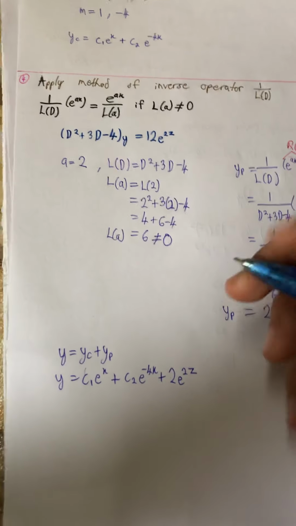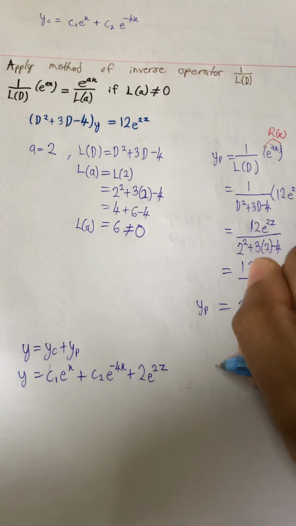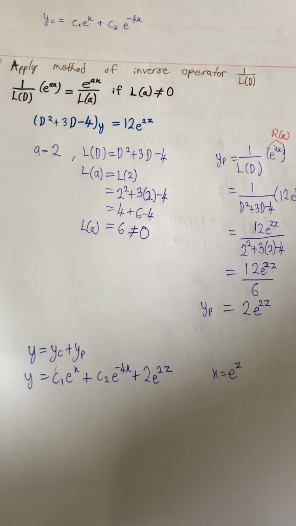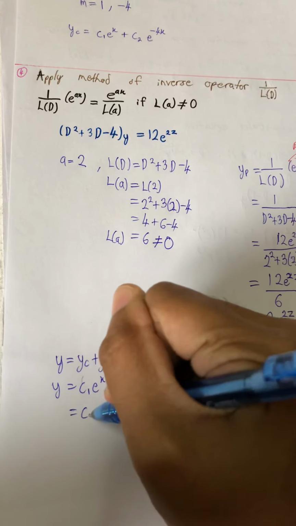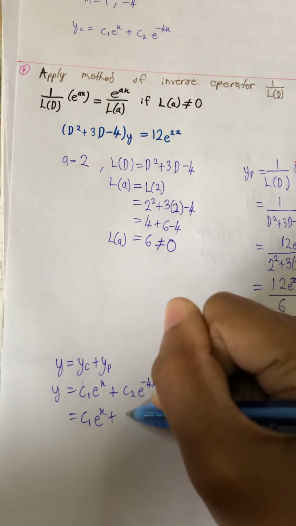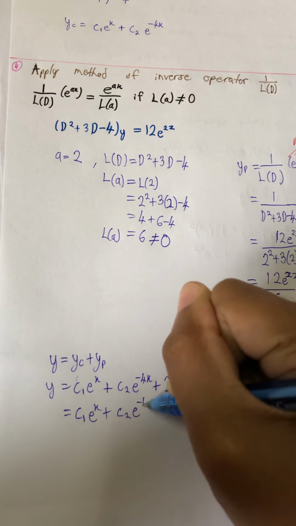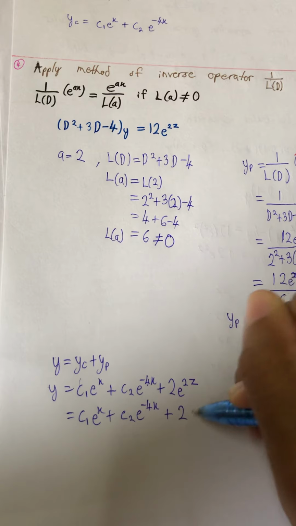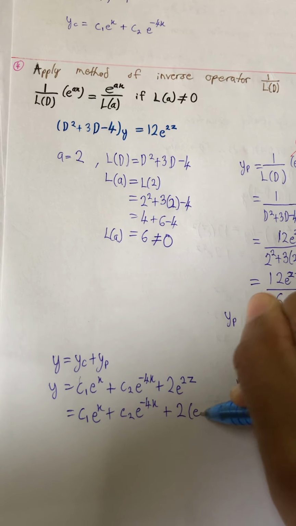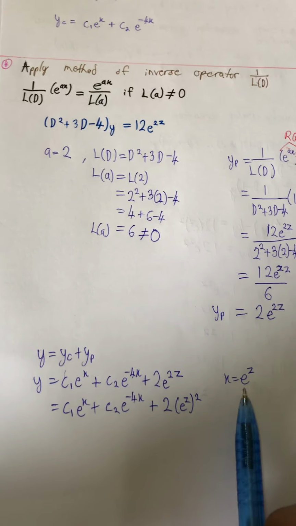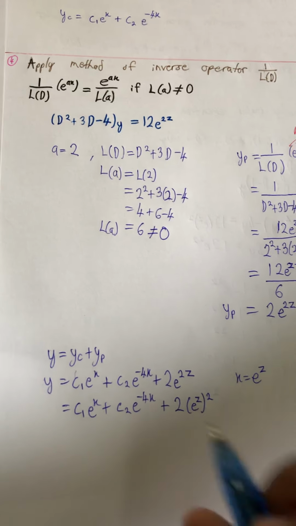So our final solution, since x equals e to the power of z, our y equals c1 e to the power of x plus c2 e to the power of minus 4x plus 2, and then here is e to the power of z, all to the power of 2. So we substitute back, e to the power of z is x.